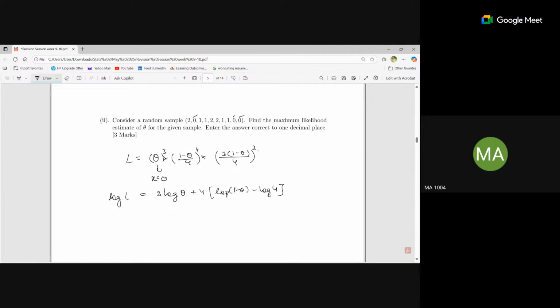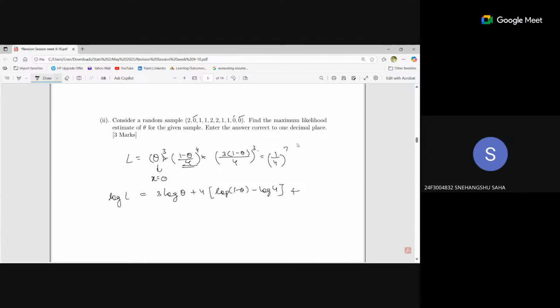Can I write it like this? Is this step clear? Yes, ma'am. Ma'am, can we take these constants out? You have taken the constant down. So it would be like 1 by 4 raised to the power 7, correct?